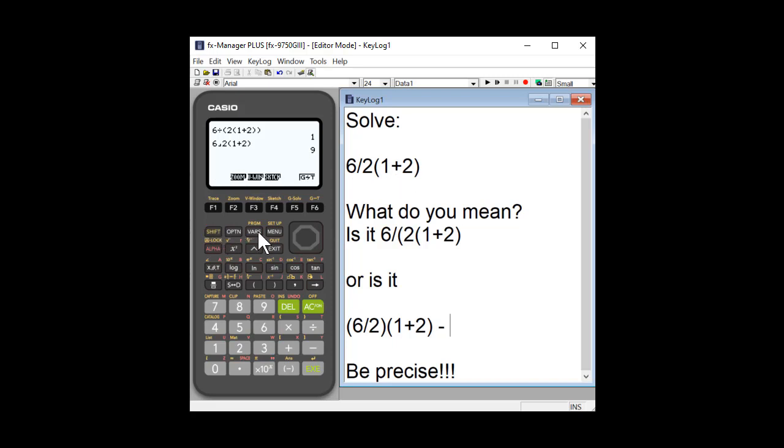So let's go and change to the third mode and show you again the difference. So this is mixed math, and so I'm going to choose F3, execute. Notice it comes back to when we were in math mode, and I'm just going to delete all this so we can start with a clean screen.